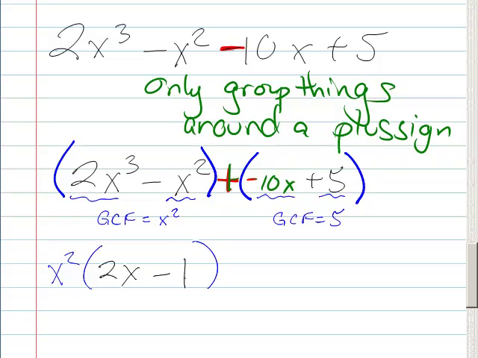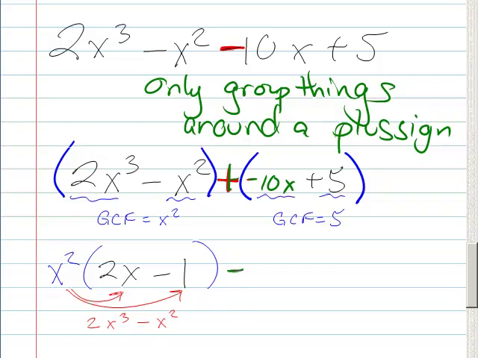I can't just drop it. I've got to put in some kind of placeholder. You'll see this because if you multiply this through, you'll get 2x cubed minus x squared. If you had just dropped this off and made this a 0, then this would not have been there. So you definitely want to make sure that you put that as a 1 to get it all to work out correctly.